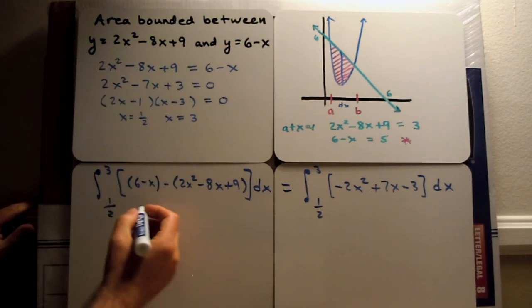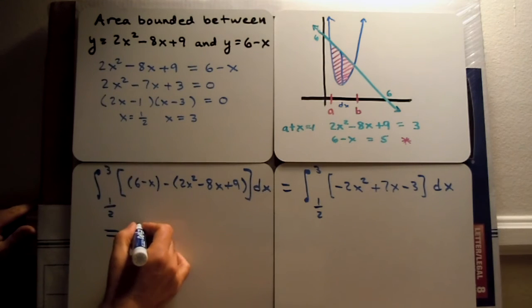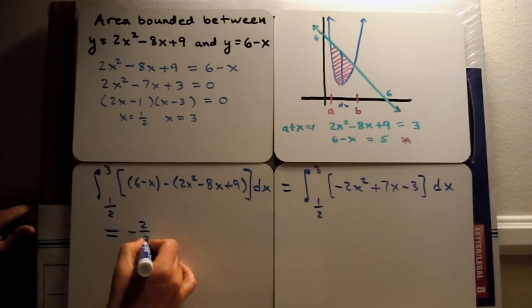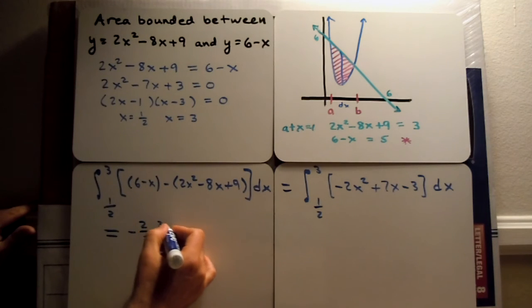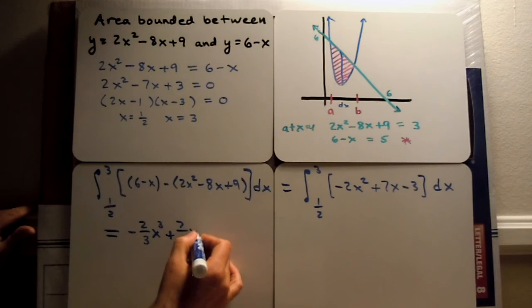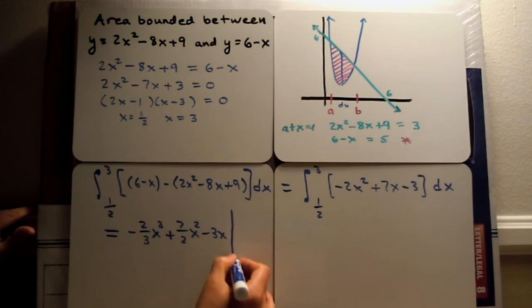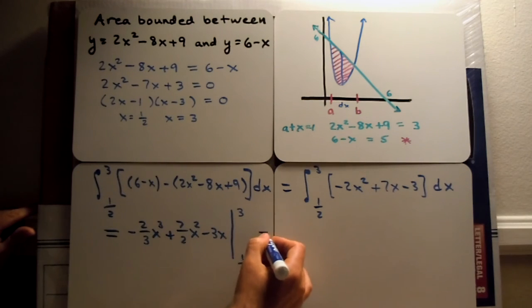And now we're ready to actually integrate this function. So negative 2/3 x to the third plus 7/2 x squared minus 3x, evaluated from 1/2 to 3.